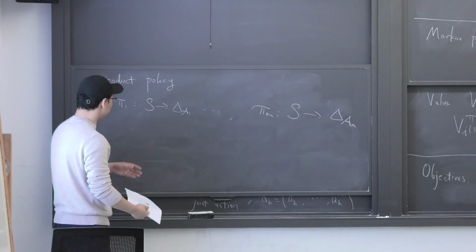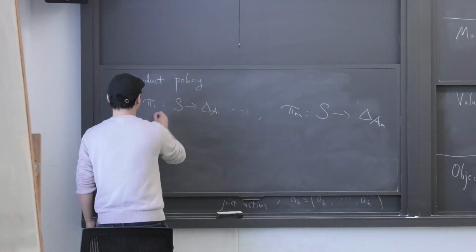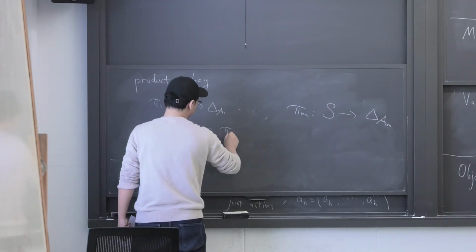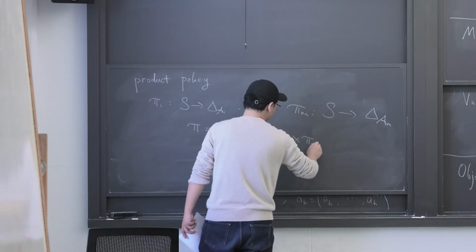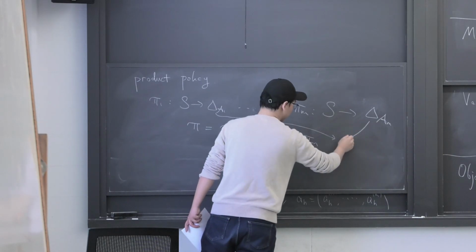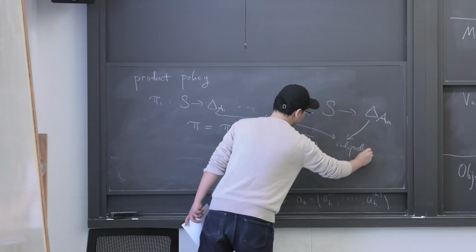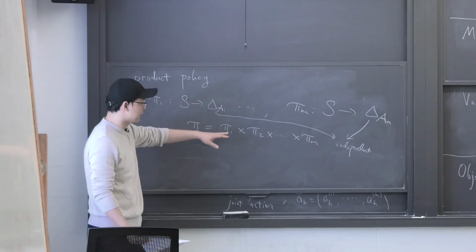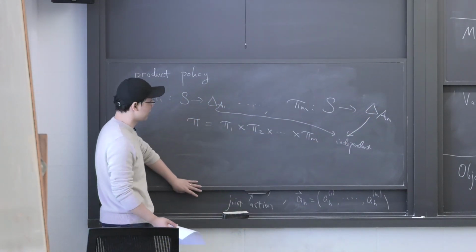When we do this map, there is a lot of randomness in choosing A_1 through A_m. When we call it the product policy, we put pi equal to pi_1 product with pi_2 product with pi_m. We're saying essentially that we make those randomness independent. How you flip the coin and choose A_1 with its probability, and how you flip the coin and choose A_m with its probability, is independent. This is called product policy.